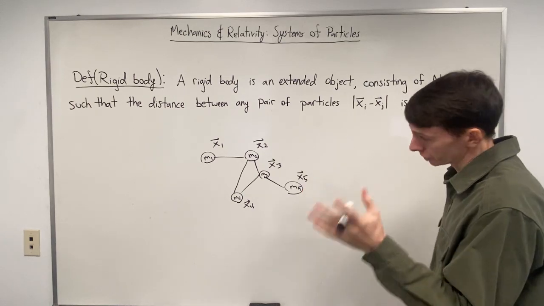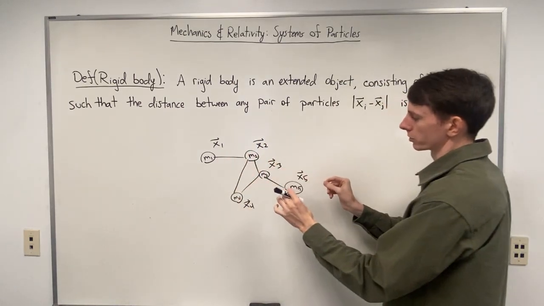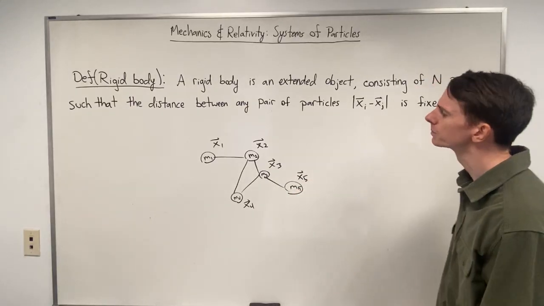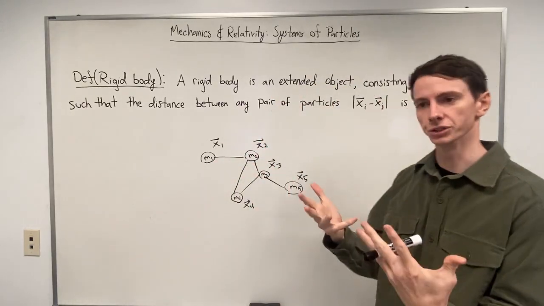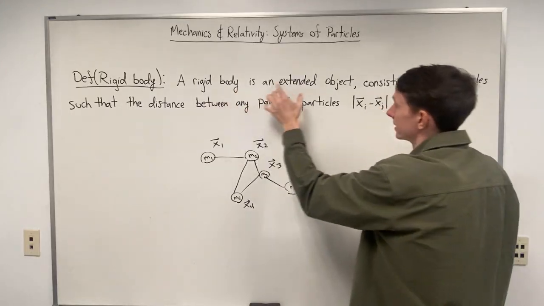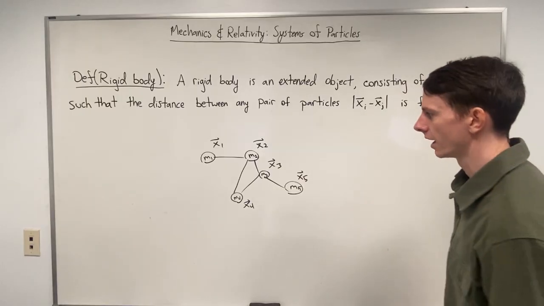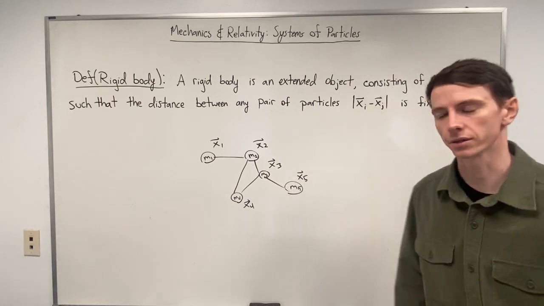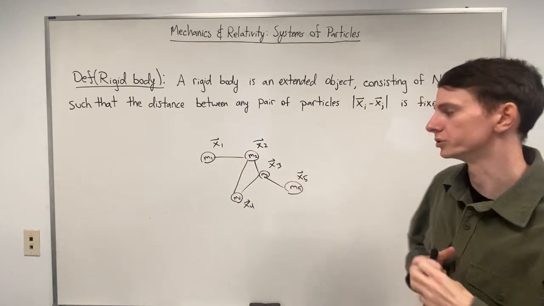The first reason is to emphasize the fact that even though we're working with 5 particles, and in the general case we're going to have n of them, these 5 particles make up an overall object, an overall body, which is why we can think of a rigid body as something that is extended, right? This whole thing is the quantity that we are studying, as opposed to just saying the center of mass is maybe there, and that's the object. So that's one of the reasons, to show that we're working with a single overall object.